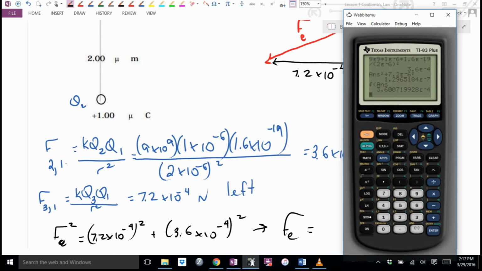I typed it in wrong. 3.6 times 10 to the negative 4, squared, plus 7.2 times 10 to the negative 4, squared. Square root of that. That looks better. Do you get 8.05 times 10 to the negative 4?